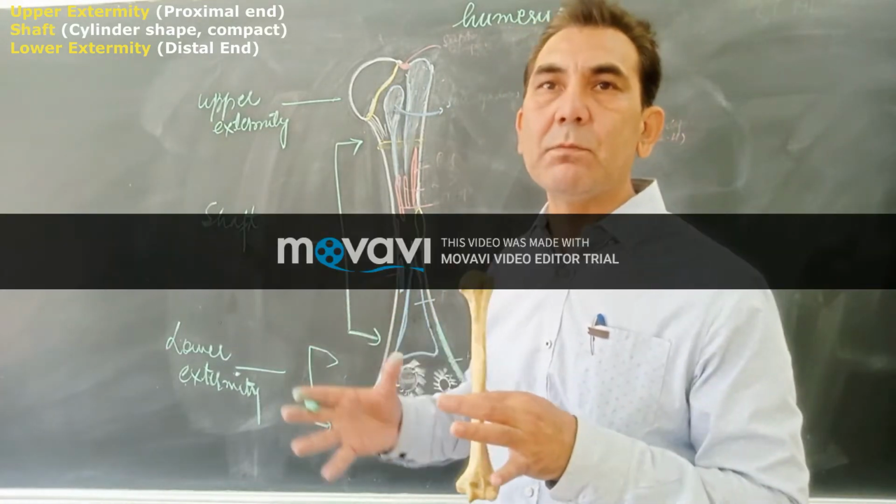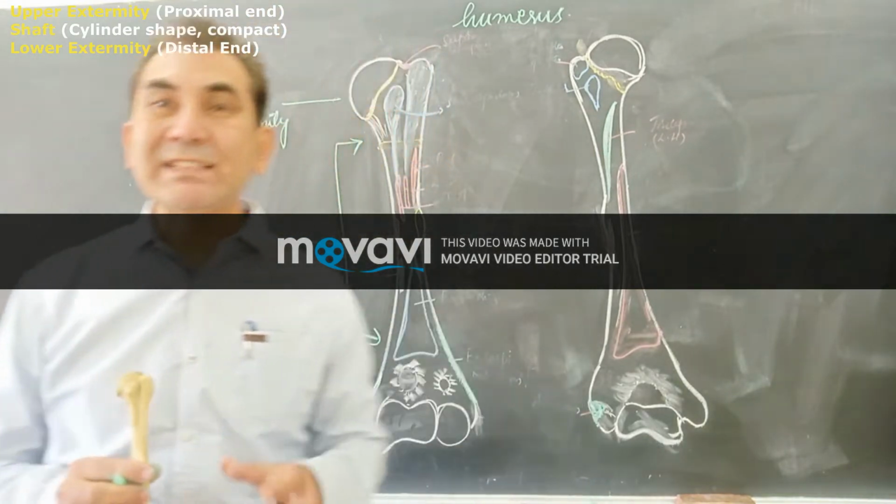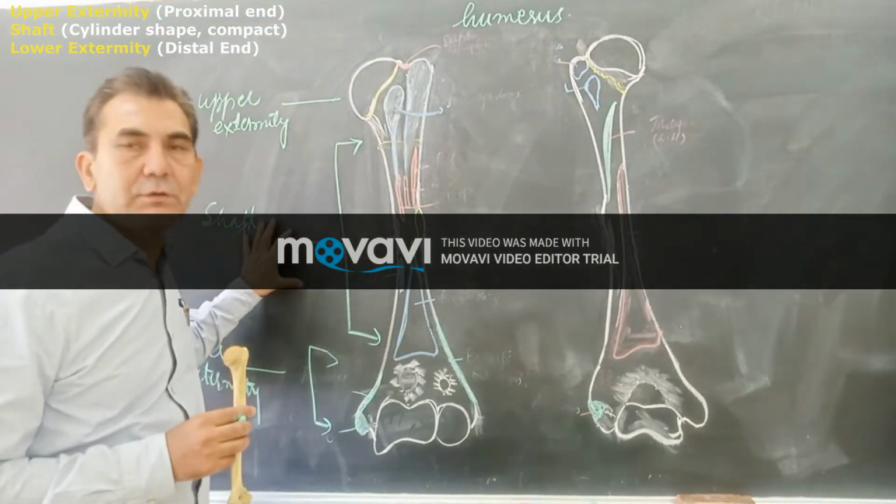The major portion is the shaft of the bone, which is cylindrical and the most compact in density.